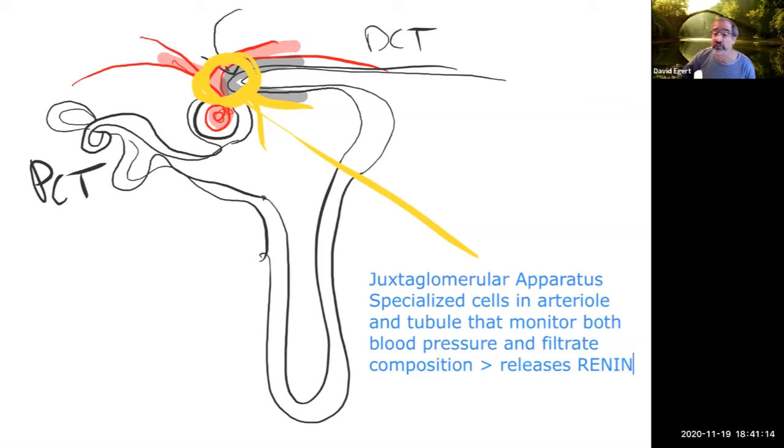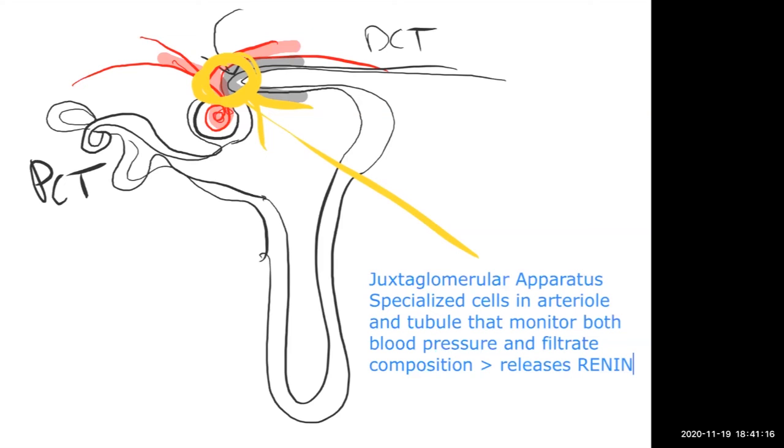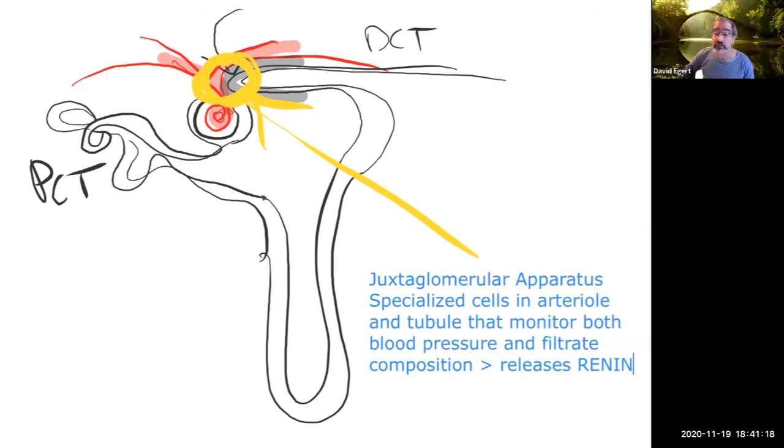What else does ADH do? It's a vasoconstrictor as well, which is going to up blood pressure by increasing resistance. We also talked about how it talked to the hypothalamus and increased thirst. So you bring more water into your body to increase your blood volume. And then there's aldosterone.